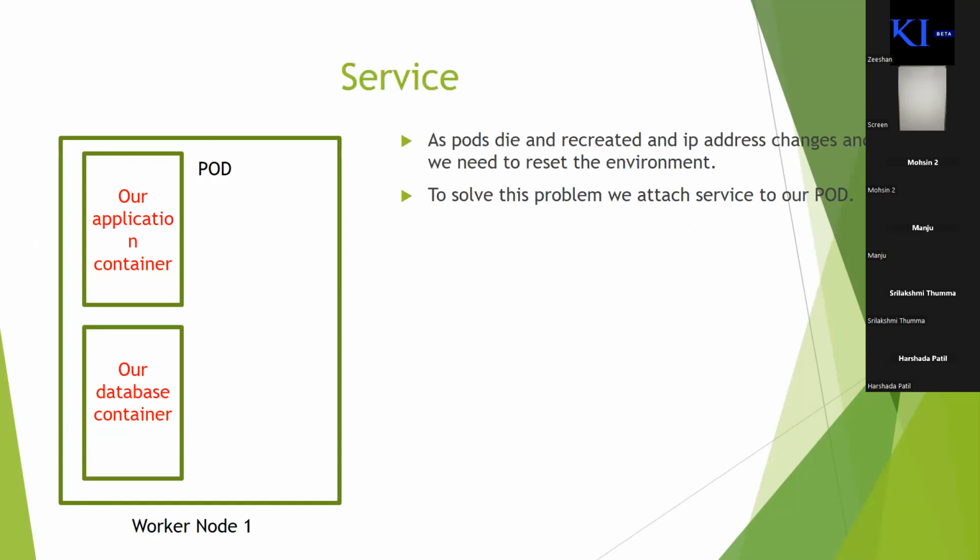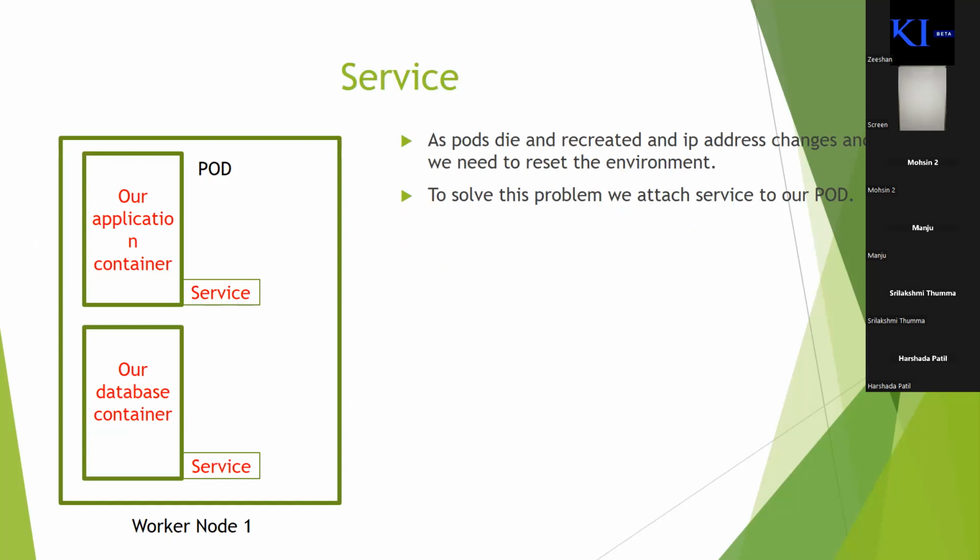There is another component which solves this problem. The service component is like a permanent IP address. We attach a service to our pod, and that service connects to the pod.